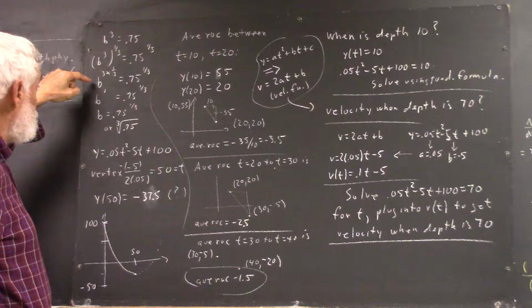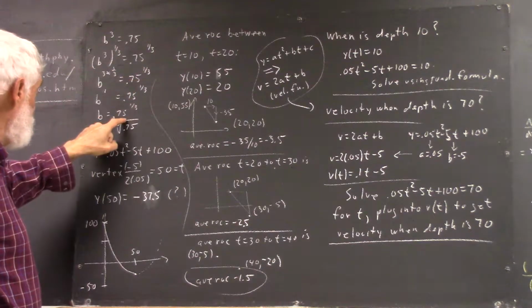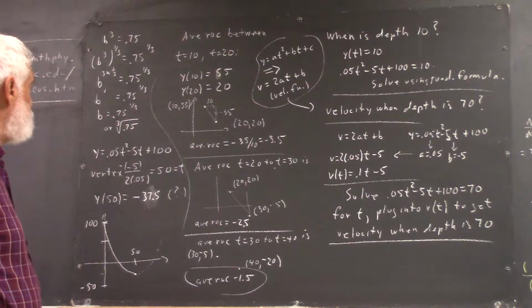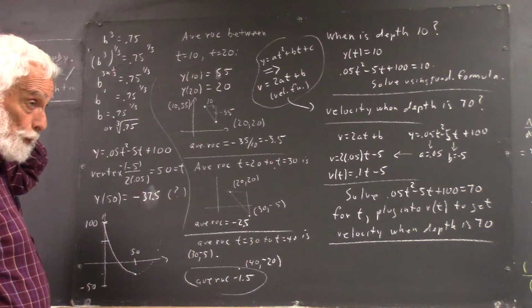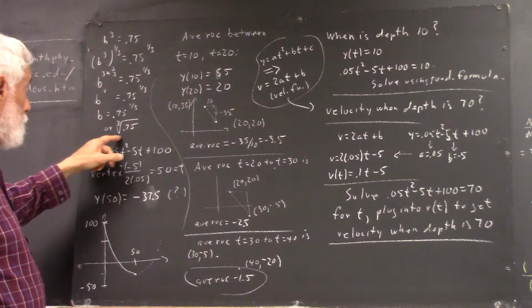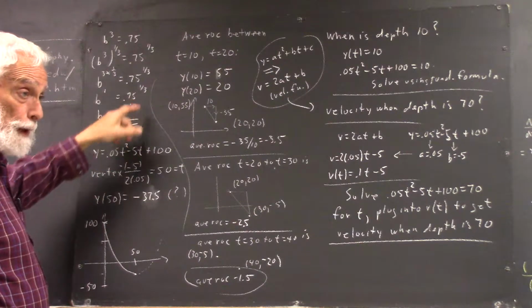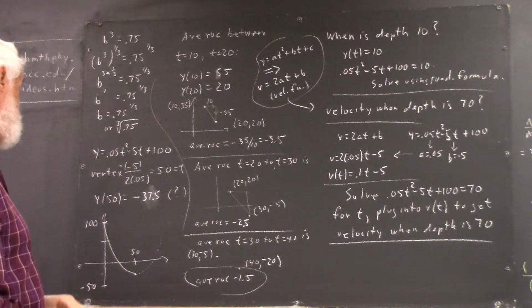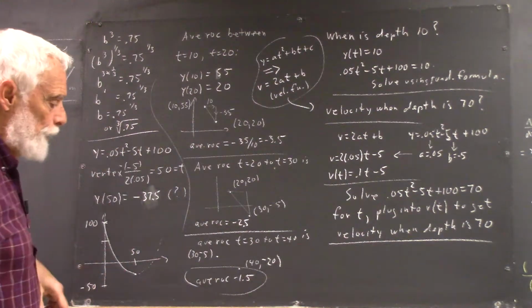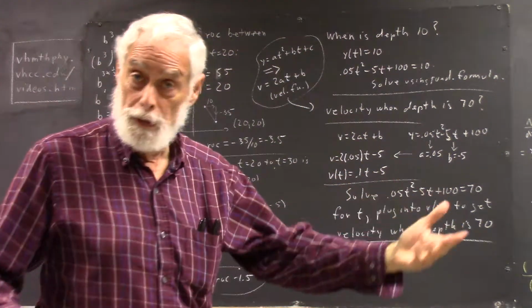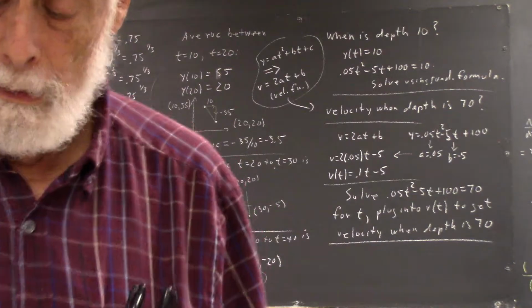So this says that b equals 0.75 to the 1/3. Now, 0.75 to the 1/3 is exactly what we mean by the cube root of 0.75. The 1/3 power is the cube root. So that turns out to be approximately 0.91, as we saw previously.